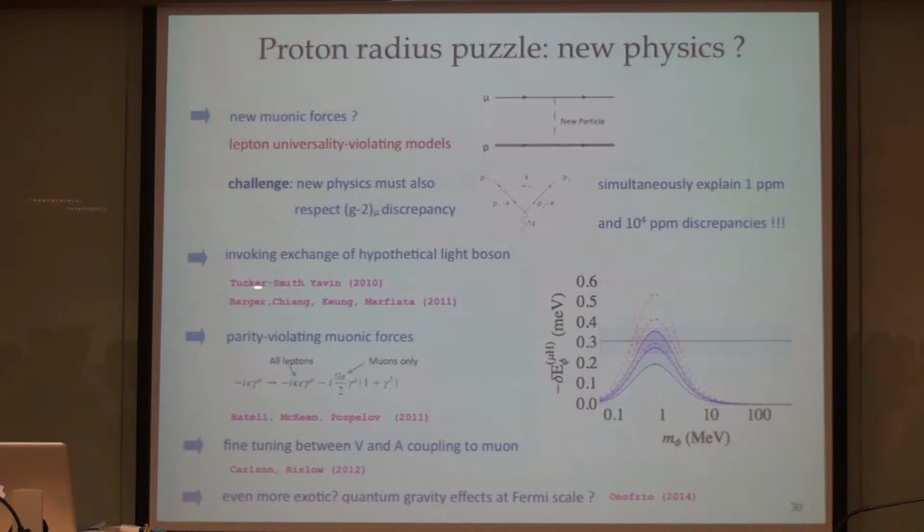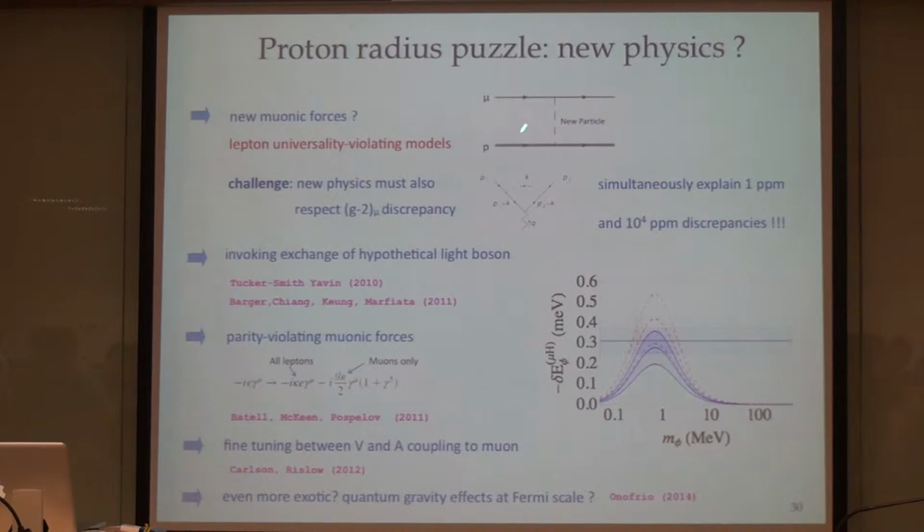Just to show you from one of the first papers, what is shown here is the mass of this light boson in mega electron volt, so it's capital M. And this is the effect on the Lamb shift, so this should be in milli-electron volt. So 0.3 milli-electron volt, this is what we want to explain.